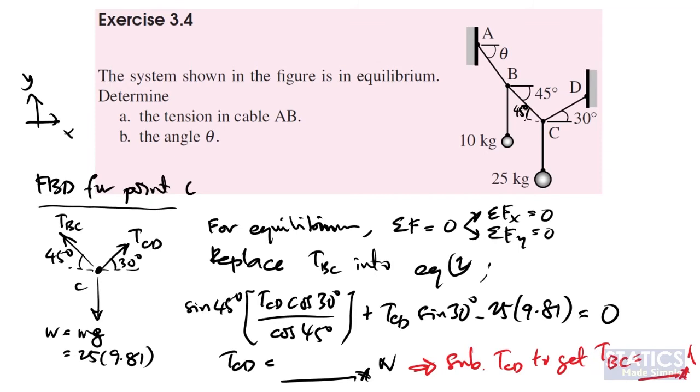Anyone calculate the value of TCD? I got 189.83 for TCD. Yep, 189.83. TBC?